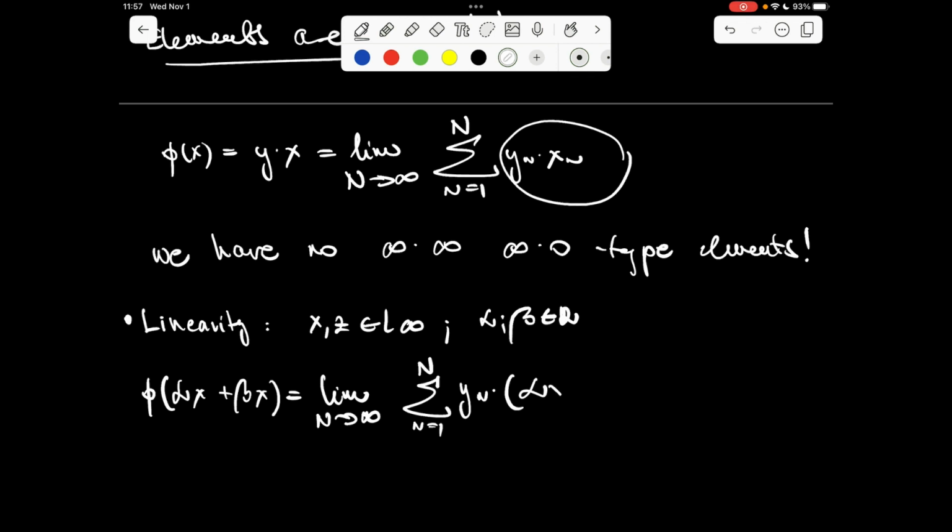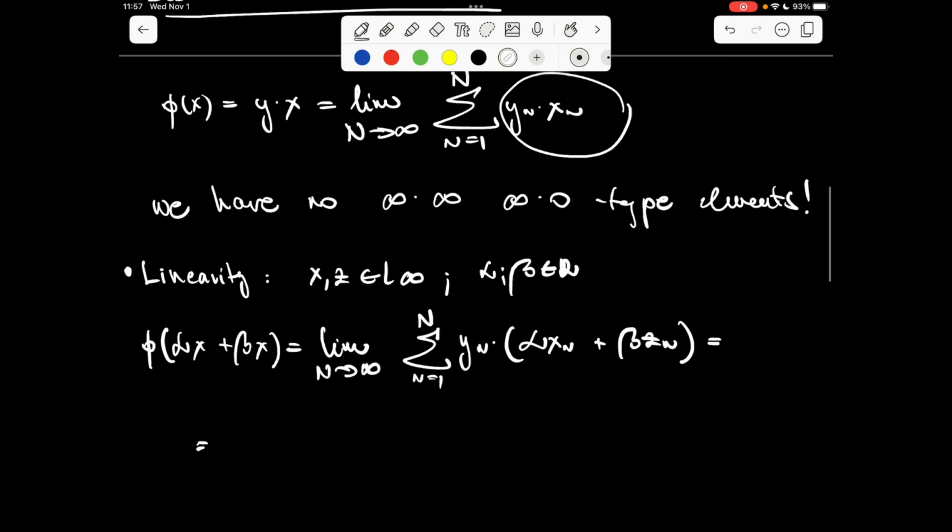It stands in the place of x in the sum, and here we can use the linearity of y.